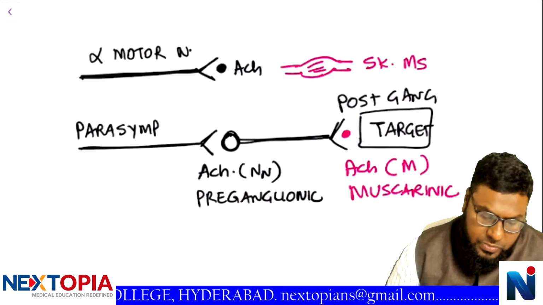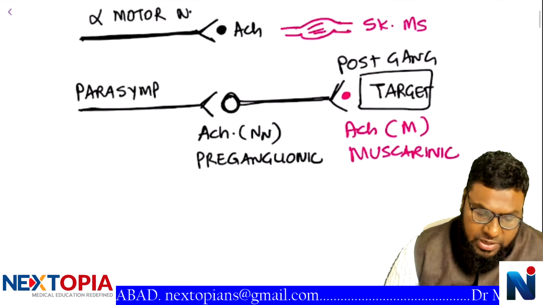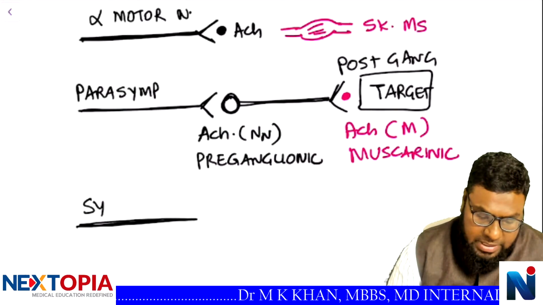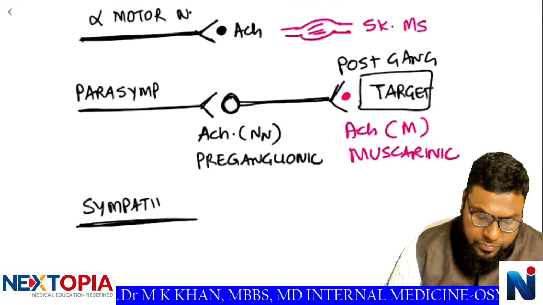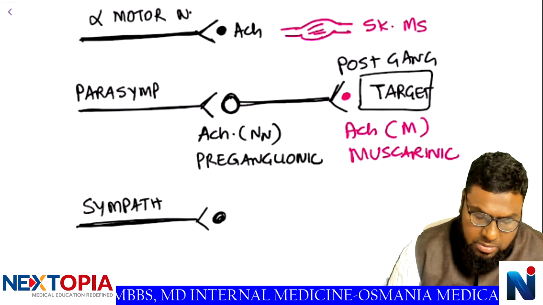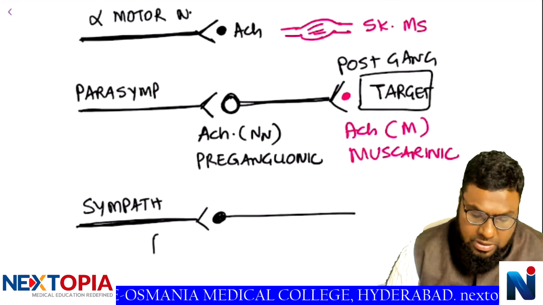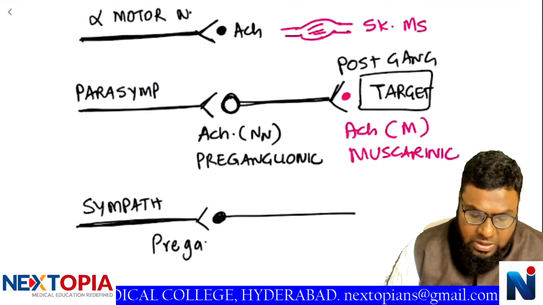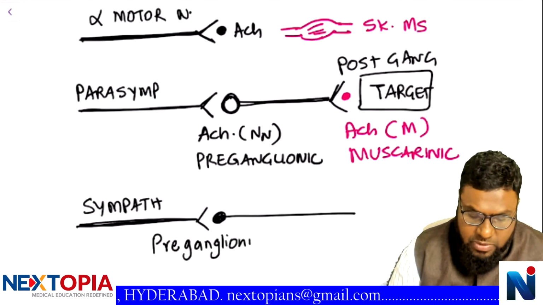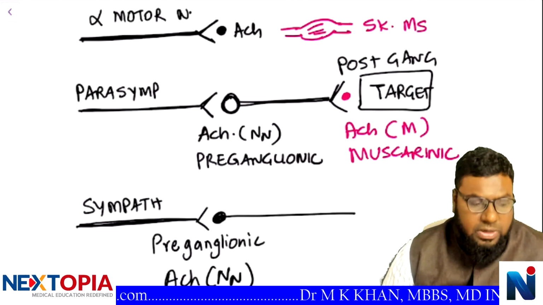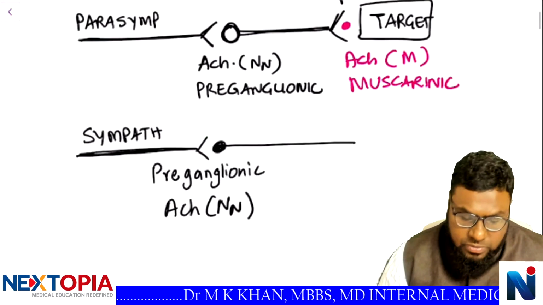All right. If we discuss the activity of the sympathetic system, this is the preganglionic sympathetic fiber. The preganglionic sympathetic fibers act via acetylcholine, on the nicotinic N type of receptor.